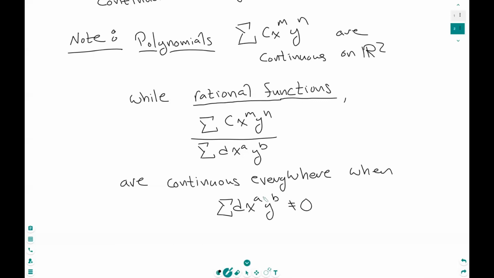And we kind of already knew that, but it's nice to say that it's continuous everywhere except where the denominator is equal to 0, right? So we're going to use that type of logic moving forward because we'll know that it's continuous everywhere except maybe some given paths.